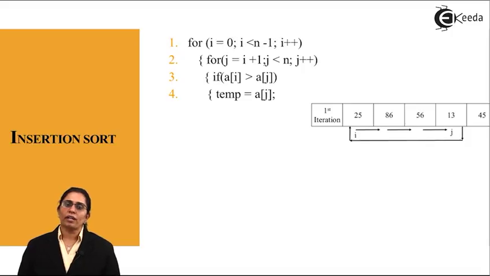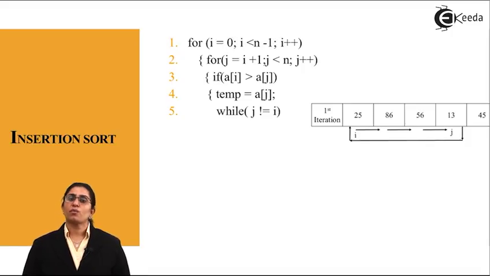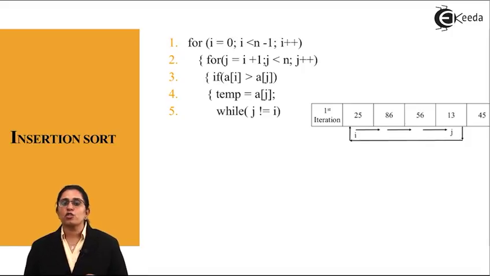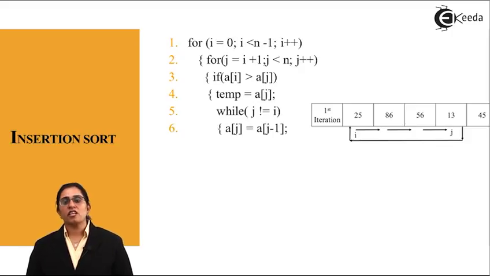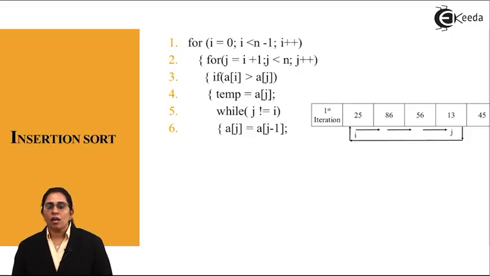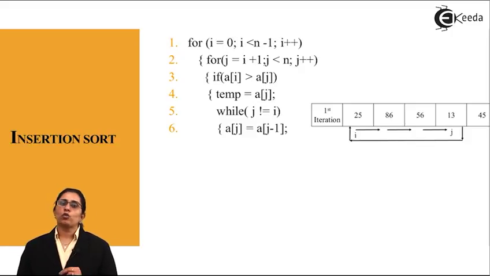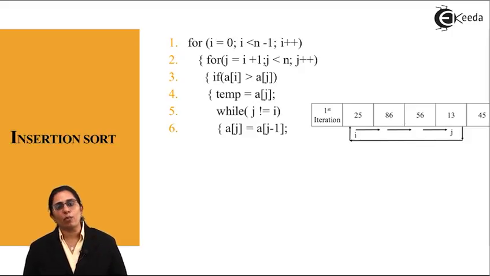So how do we do it? We see it over here. We say while j is not equal to I, we keep performing the statement. At present, my j has a value 3, my I has a value 0. I say a of j is equal to a of j minus 1. A of j at present has nothing, because it had the value 13, which we moved to a temporary variable.